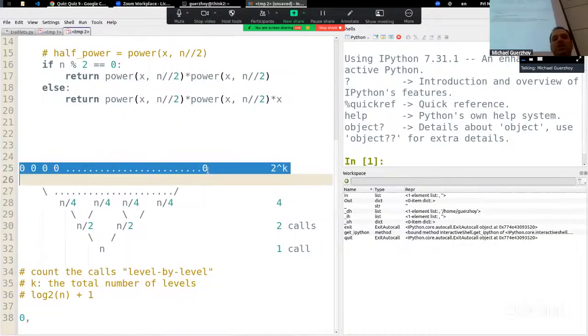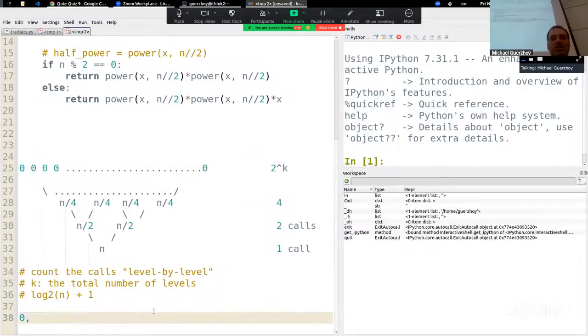So this is like all zeros, and then this is like all ones, and then this is like all twos, and then all fours, and then all eights, and so on up until the point where I get to n. So it's the same pattern. It is +1. I'm not going to worry about the +1s, -1s because they don't matter. But that's, again, it's log base 2 of n levels.